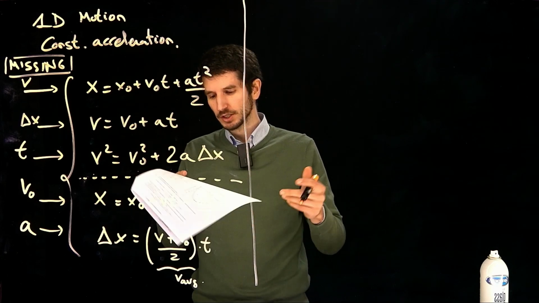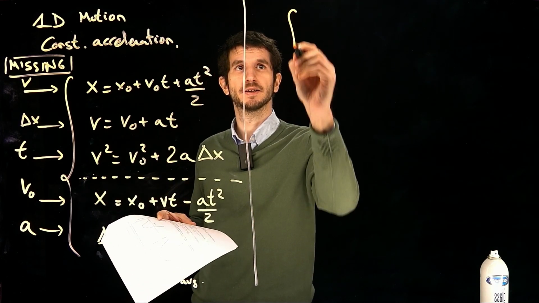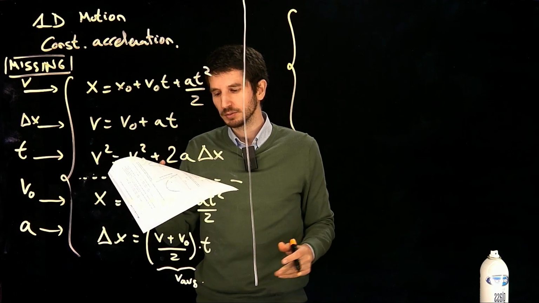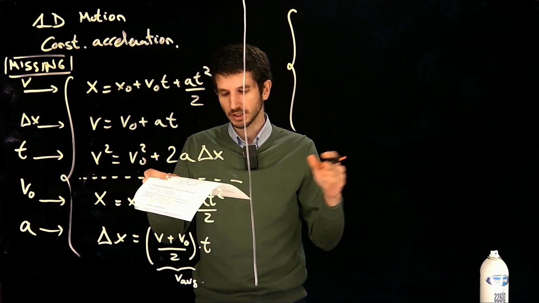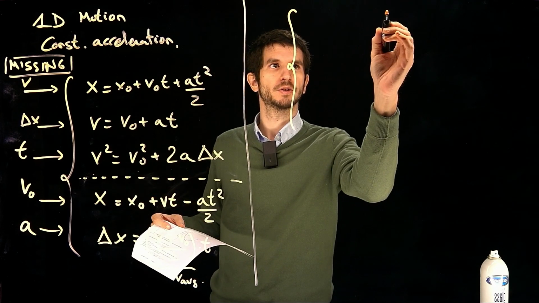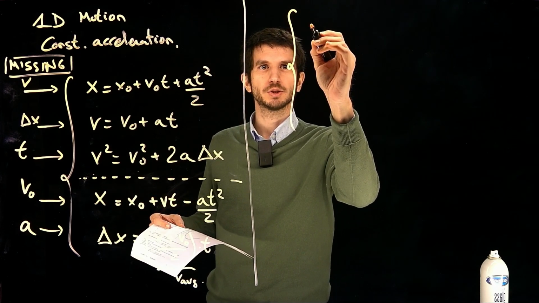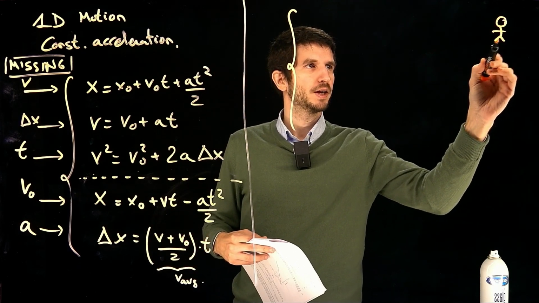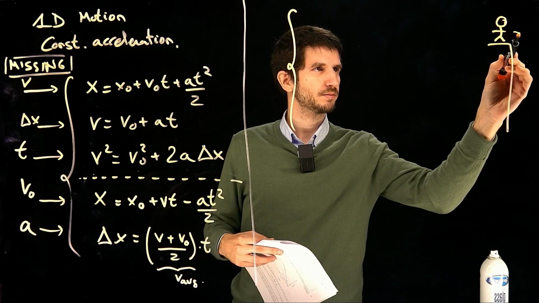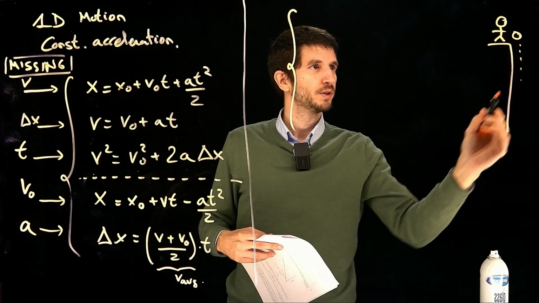The question says there is a ball dropped from rest at a height of 50 meters above the ground. What is its speed just before it hits the ground? Now let's write again our equations. Because this is a free fall, we can imagine someone maybe at the top of a building letting an object fall.